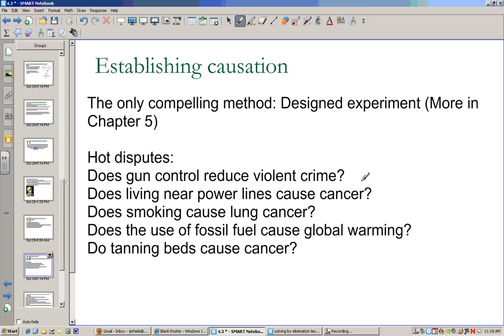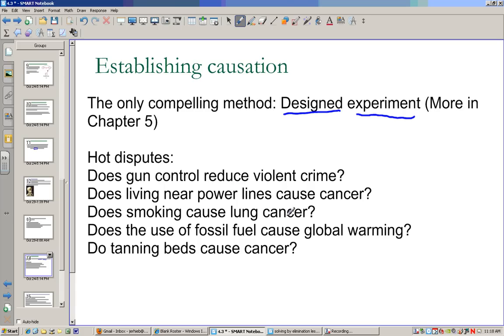Now, the only compelling method is a designed experiment, and we'll learn a lot about that in Chapter 5. And there are some tough issues that we can't do an experiment on, like does gun control reduce violent crime, or does living near power lines cause cancer? Does smoking cause lung cancer?